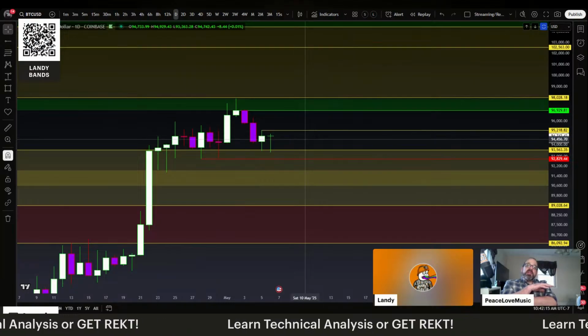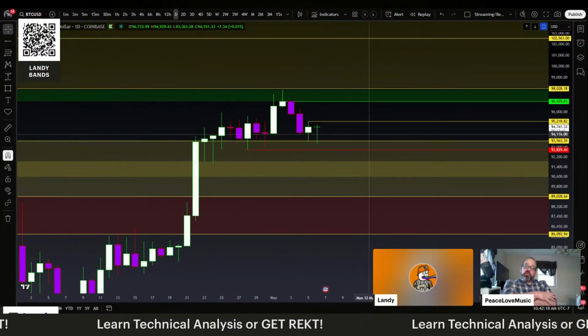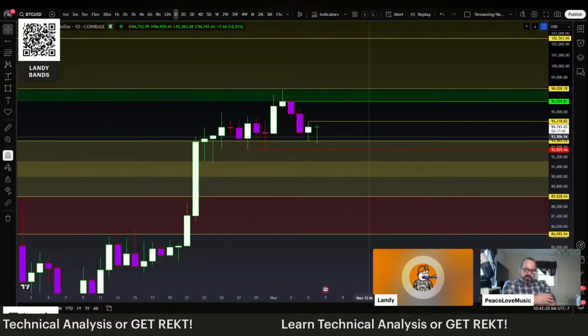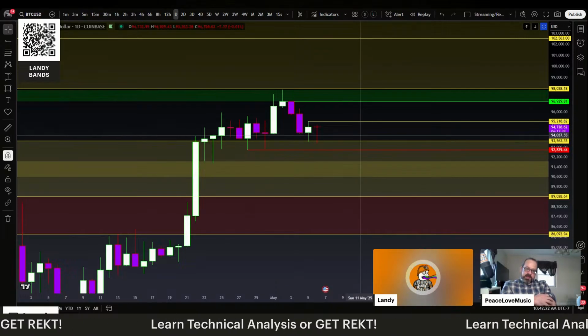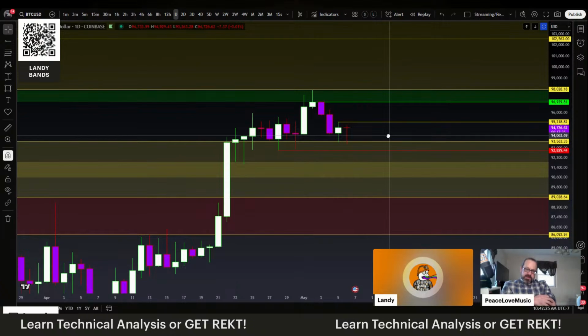Can you describe or define the difference between a scalp and a swing trade? A scalp is going to be an intraday trade in most cases. A swing is going to be anything longer than a day for me.